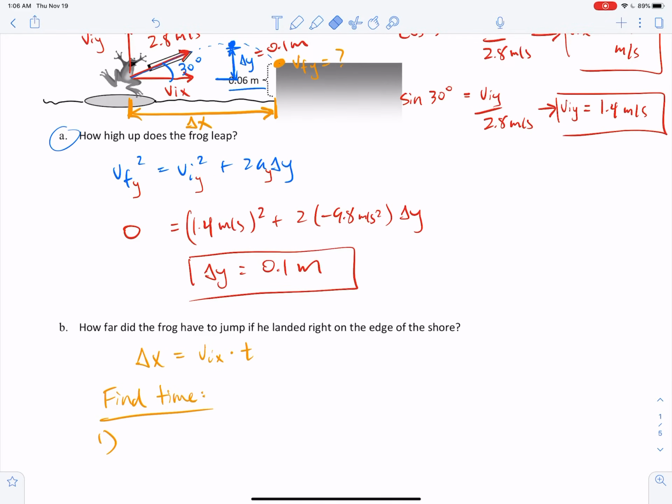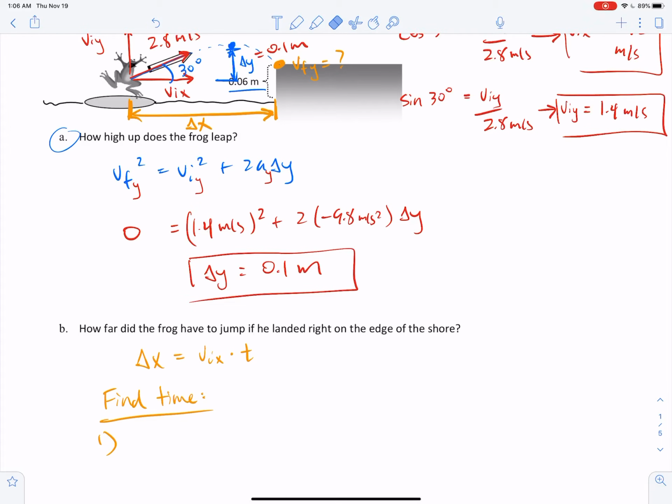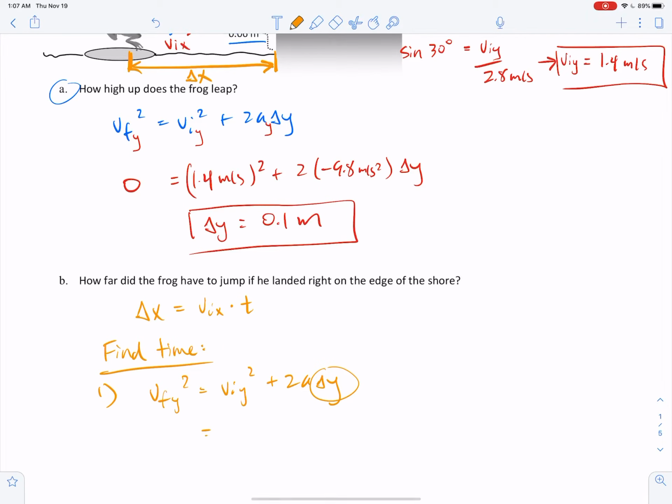Okay, so I'm again going to use equation 3, as I did before. Only now my delta y is not going to be at the peak of the frog's jump. It's going to be at the lily pad once it reaches the lily pad. So the initial vertical velocity is still 1.4 meters per second. I'm going to square that. Still going to accelerate at 9.8 meters per second squared.